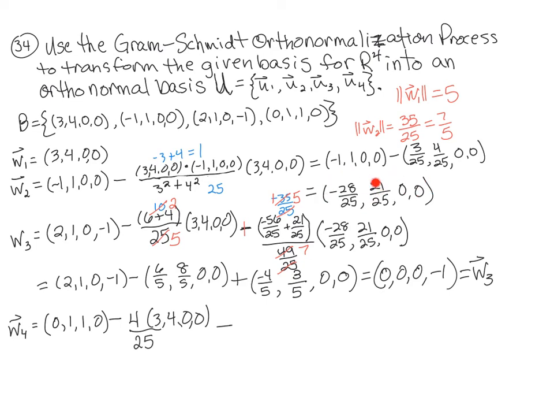So when I dot that, I'm going to get 21 over 25 and zeros everywhere else.